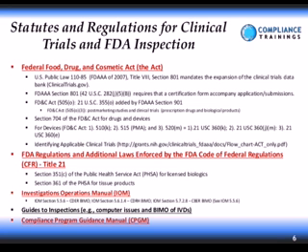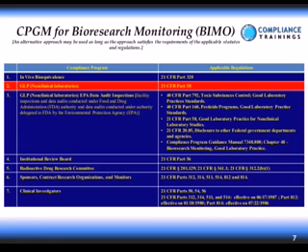This is very important for industry to get familiar with, because this is the manual for FDA investigators to get trained on to assess our compliance to the regulatory requirements, and therefore CPGM provides how exactly the FDA investigators perform their assessment of our compliance to the applicable requirements.